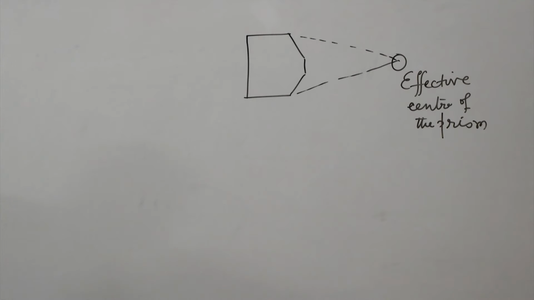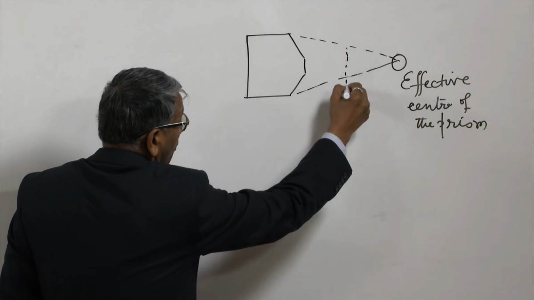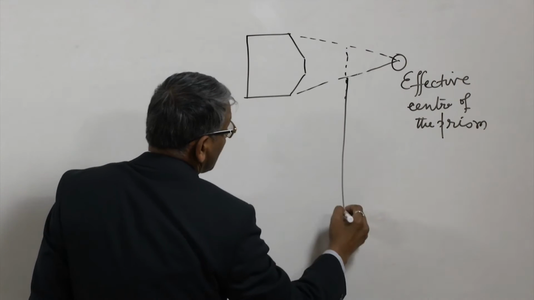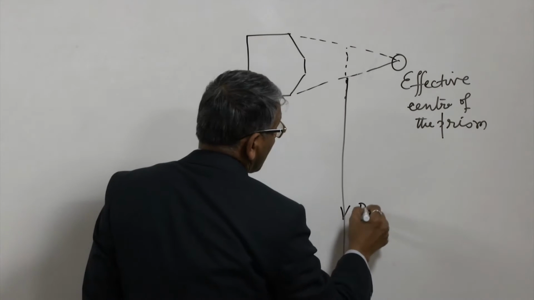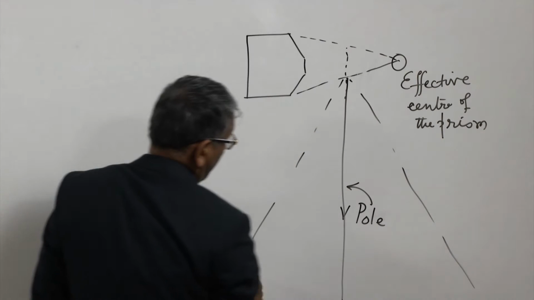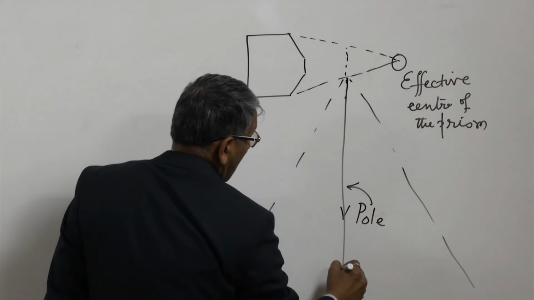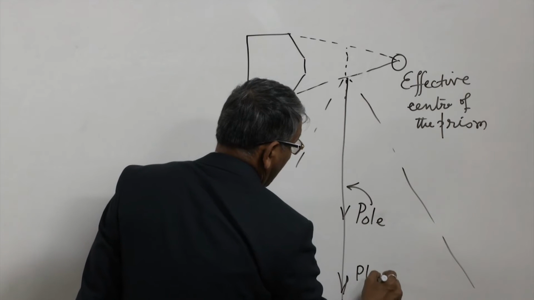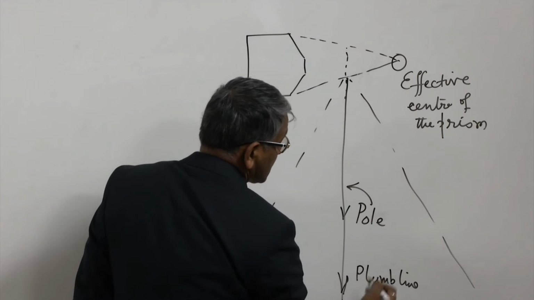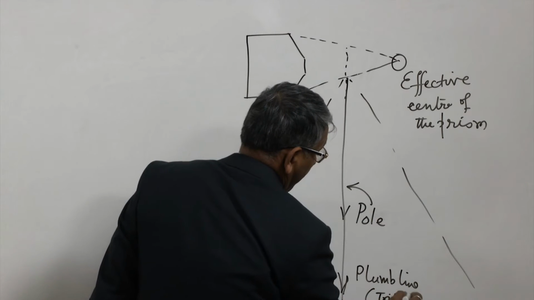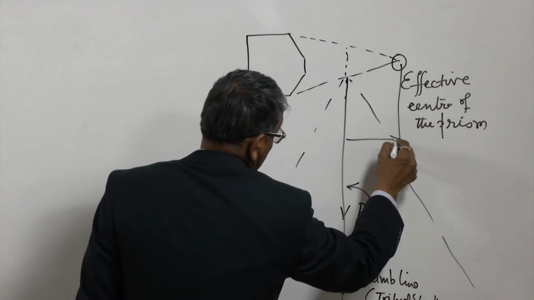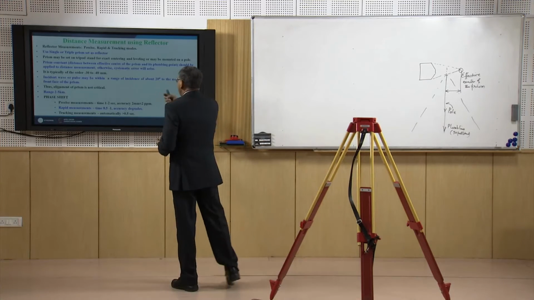But we generally hold the prism at some other point like this, this is the pole, or it is the plumb line in case it is placed on a tripod stand. So, this difference in distances is called our prism constant.